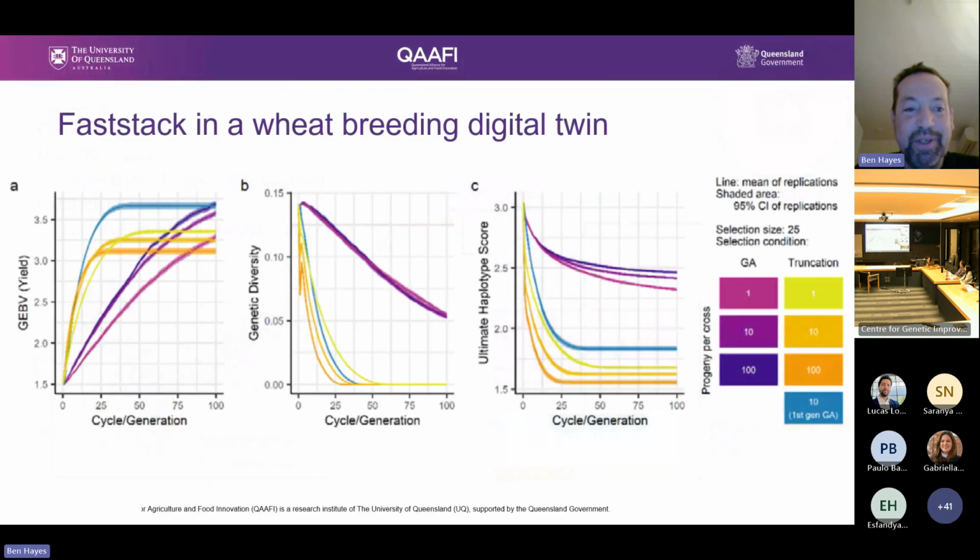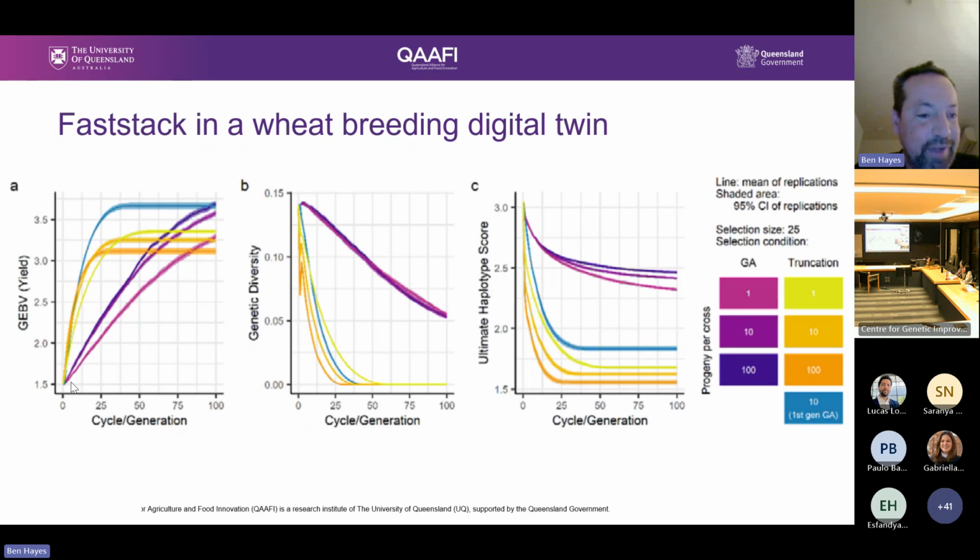So this is what the results look like. And she compared the genetic gain to traditional truncation selection based on genomic breeding value. So what you have is different numbers of progeny per cross, 1, 10, or 100.